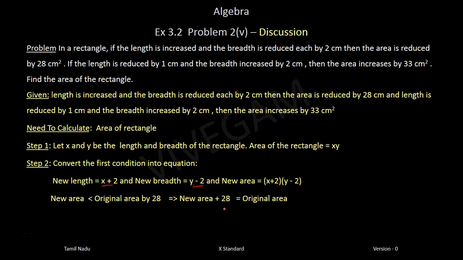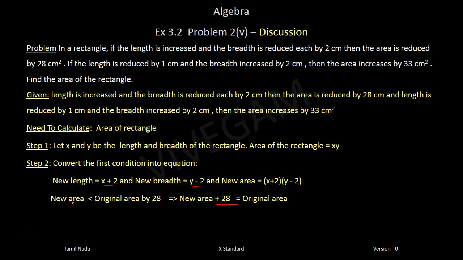Right? What does he say? He says new area is less than the original area by 28. So this side is less than this side by 28. So add 28 to the lesser side, and it will become equal. So new area plus 28 equals original area. This is how you need to convert the inequality into an equation.